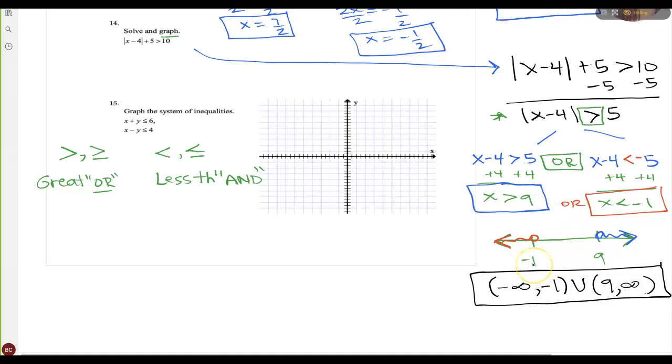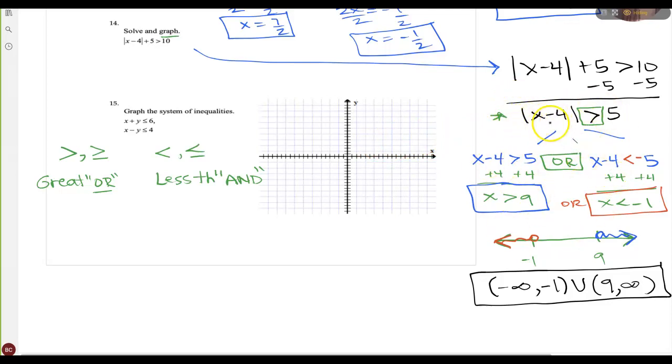So yeah, really watch these carefully. Just do it this way.